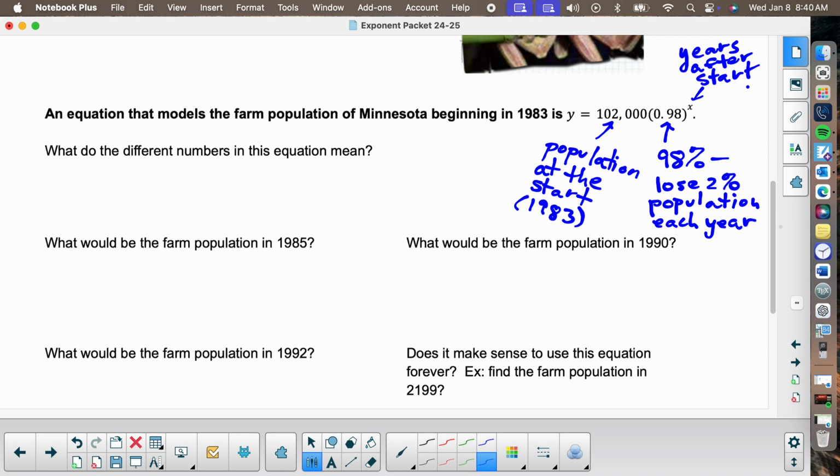So if this problem was written out for you, it would say something like, a farm loses 2% population each year. And it starts off with 102,000 people. Actually, oh, this is all farms together. I was gonna say that would be a pretty big farm. So that's what those numbers represent.